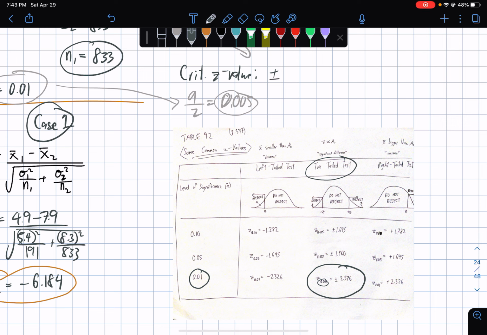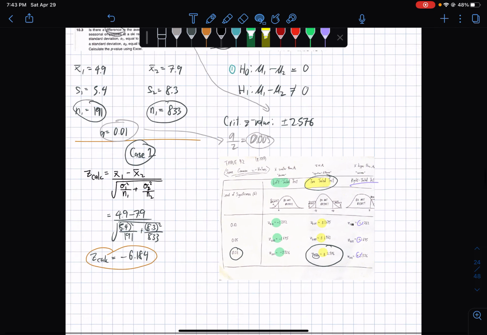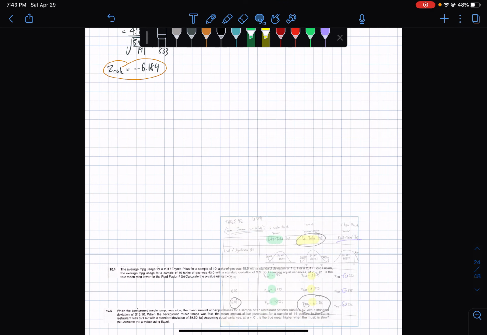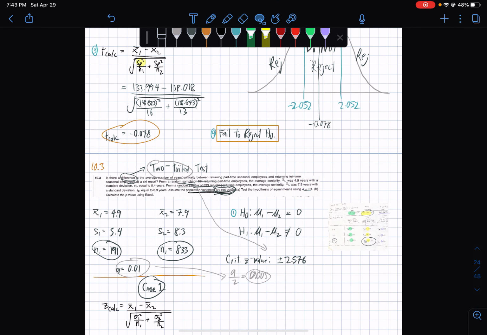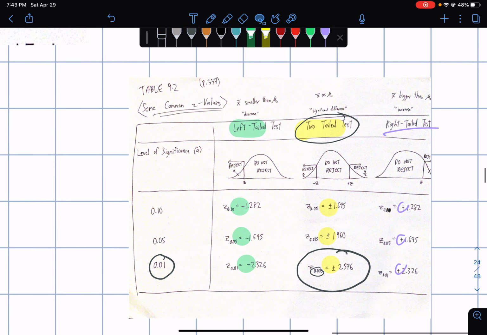We use plus minus 2.576. So as you can see here, for two-tailed test, all of the symbols are plus minus. For left-tailed test, all of them are negative. For right-tailed test, all of them are positive. Okay, so you might want to save this paper also. It's gonna help a lot. Screenshot it anytime you want.